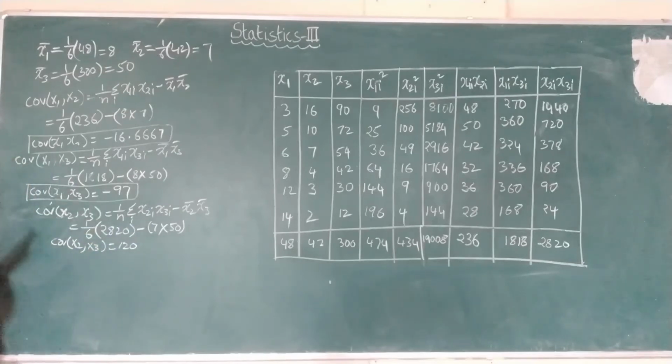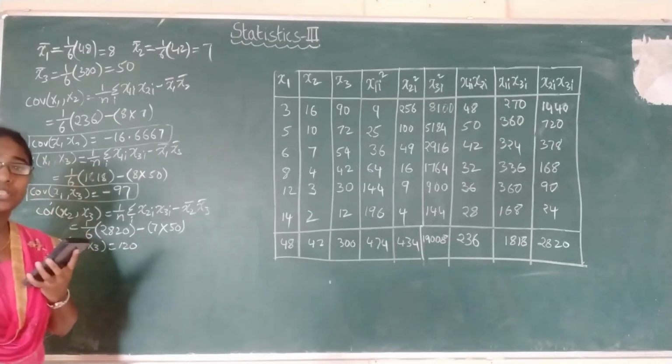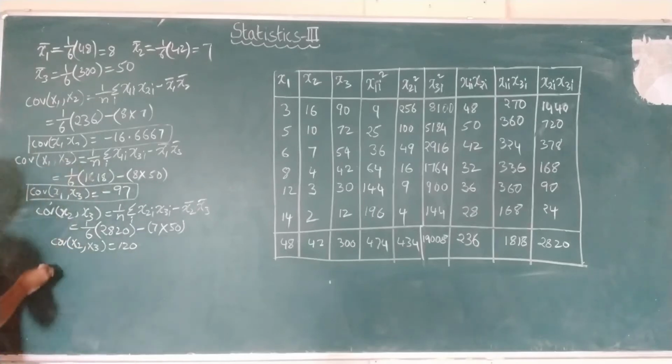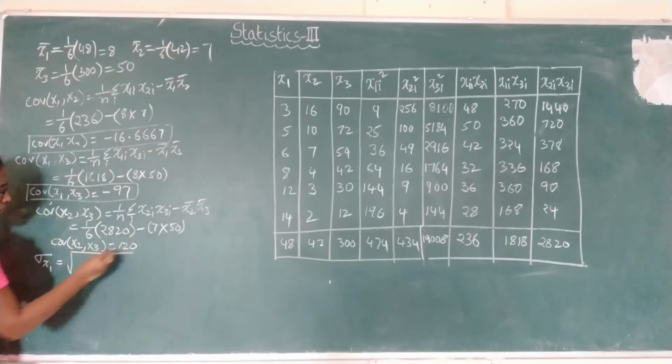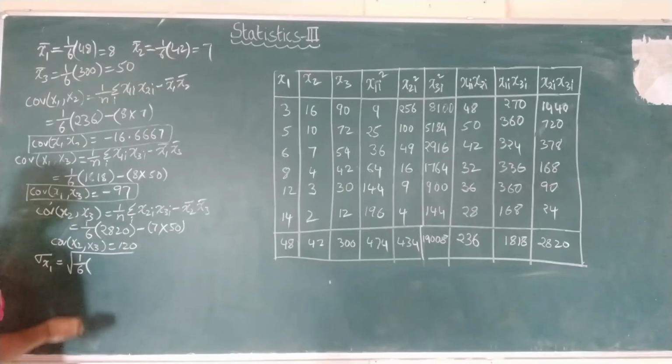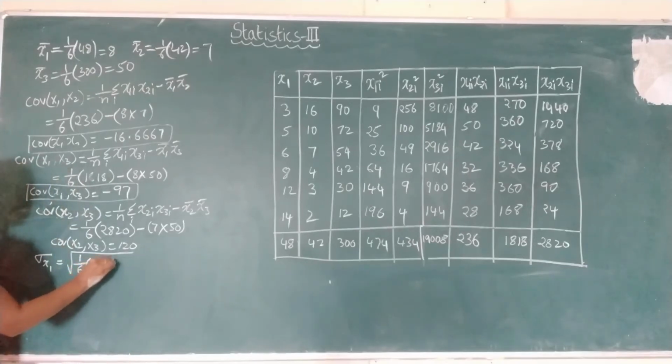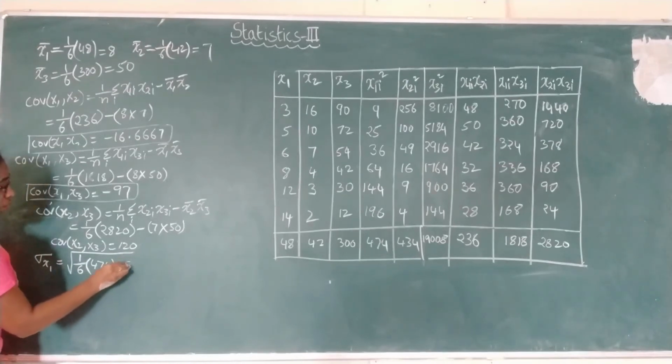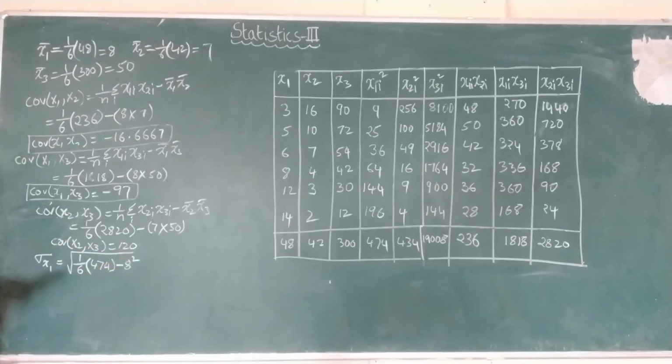Now find out sigma x1, sigma x2 and sigma x3 values. First, sigma x1 equals square root of 1 by n, that is 1 by 6, summation of x1 square. The x1 square summation is 474, minus x1 bar value, which is 8, so 8 square.